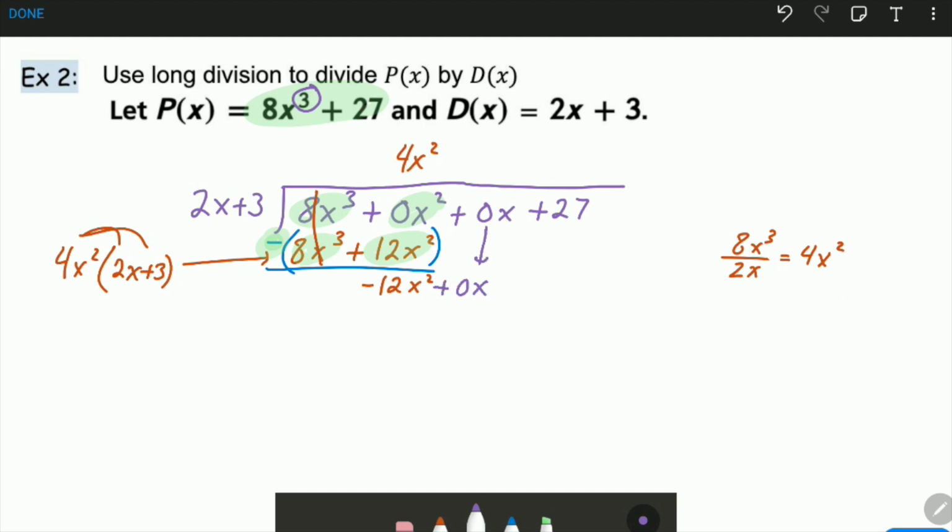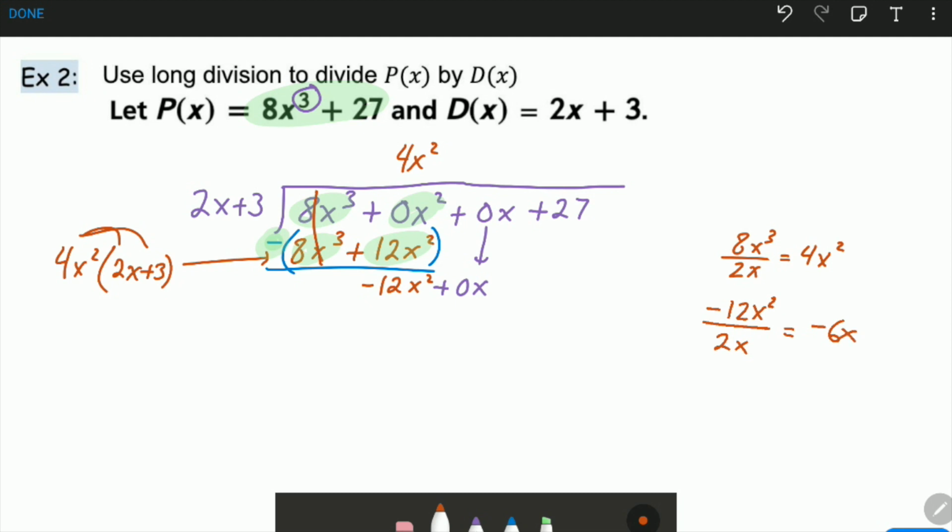And repeat the process. So we need to find what we need to multiply by. We're going to take our first term, which is the negative 12x squared now, and divide it by the leading coefficient of our divisor, 2x, giving us negative 6x.